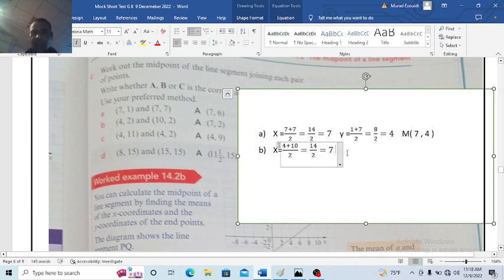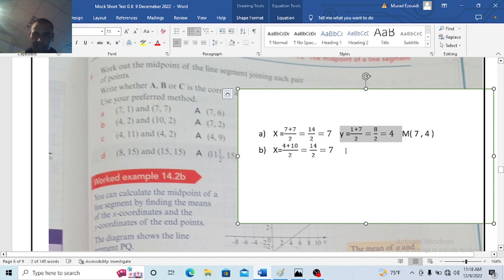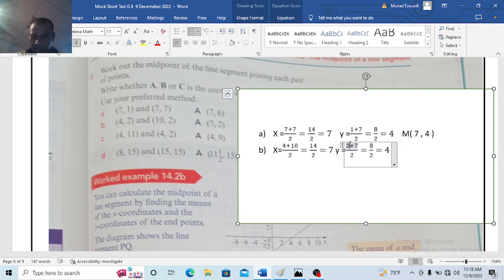This is the x coordinate. Now we move to the y coordinates, my kids. We have 2 plus 2, which is equal to 4. 4 divided by 2 is 2.